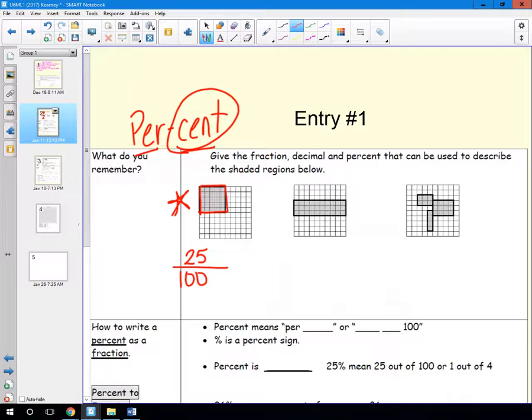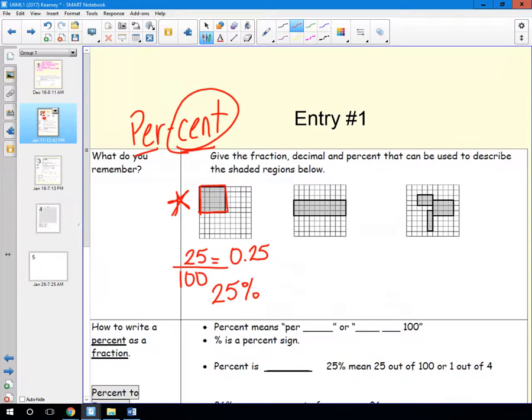So 25 per 100. Now if I wanted to write that as a decimal, 25 hundredths would be 0.25. And then as a percent, when we say 25 out of 100, that means 25 per 100, so 25%.